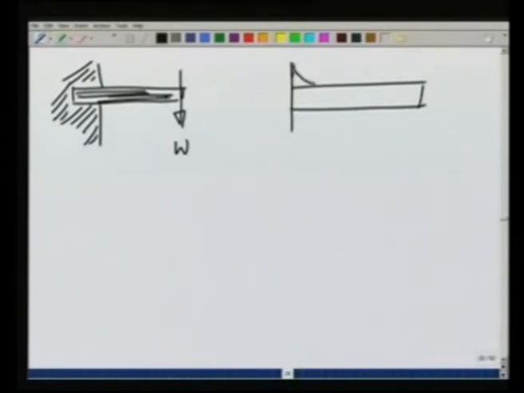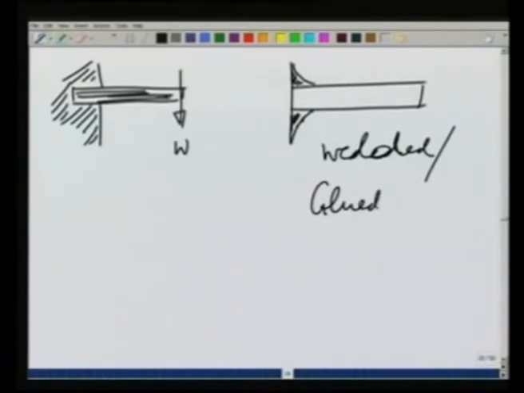Suppose I glue it here, glue or weld. So, welded or glued support, and this is built-in support.